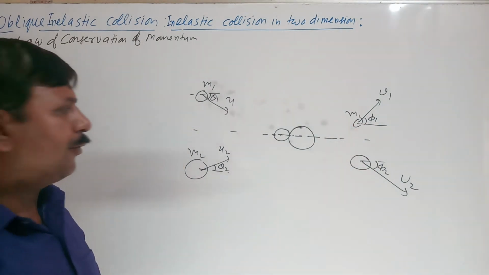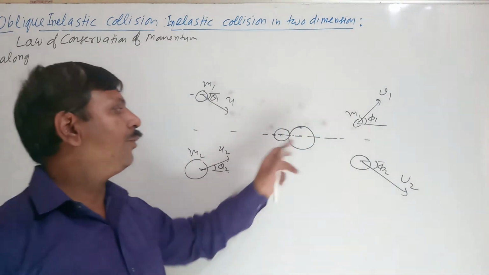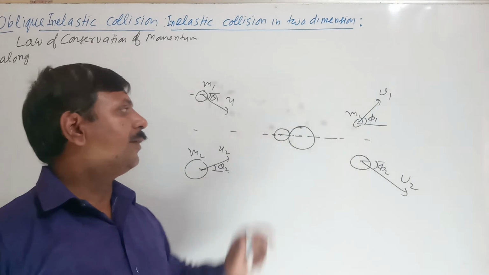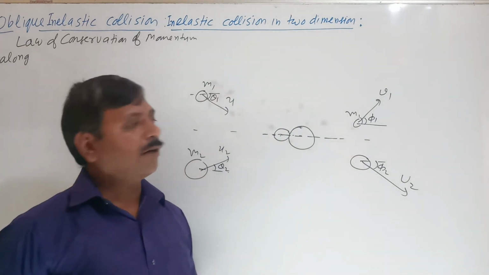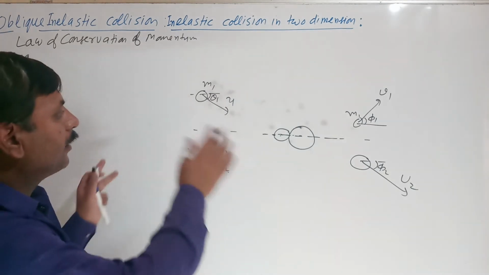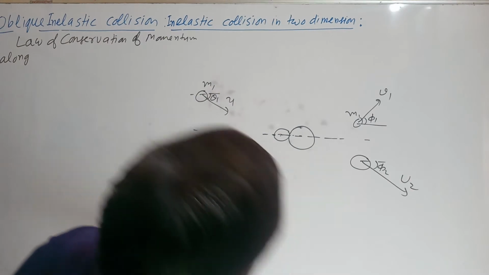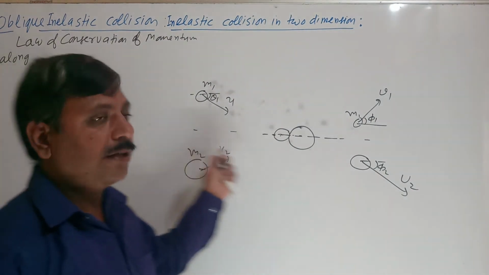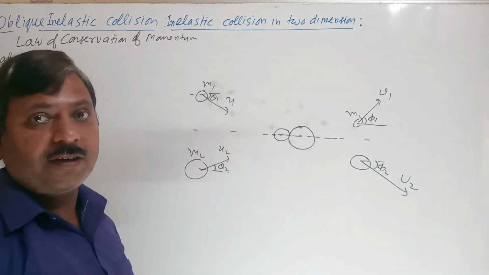This is an inelastic collision, so there will be a loss of kinetic energy during the collision. And C is the coefficient of restitution for this motion. Remember one thing: I have taken the x-axis as the line of action.